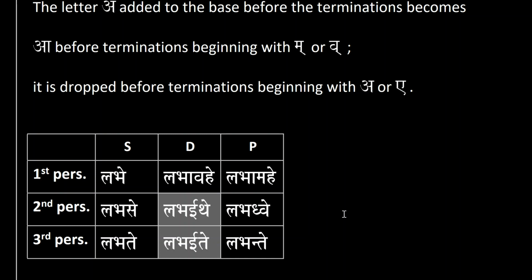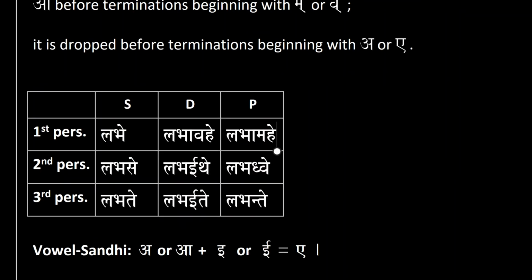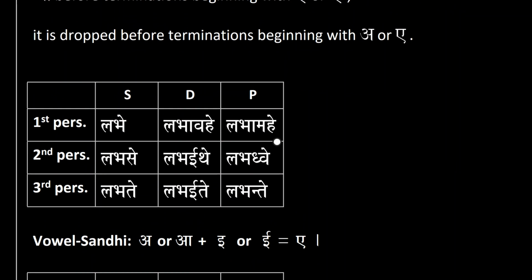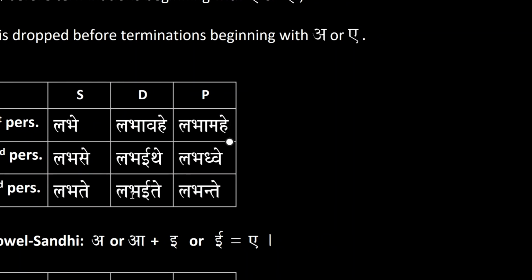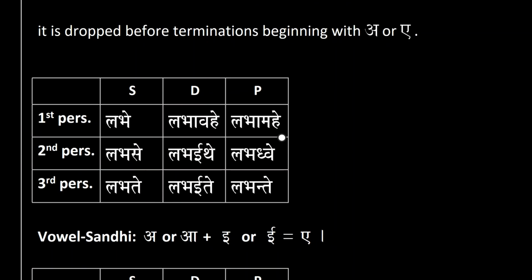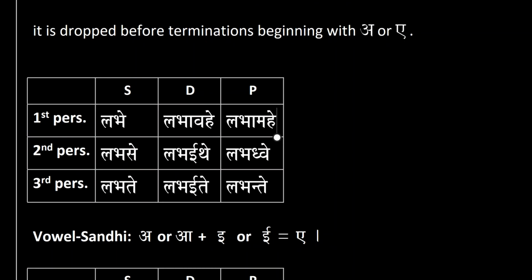An a and an i are together. The first thing you should be thinking about is something is wrong here. We're forgetting a vowel sandhi. Remember, an a plus i or e is going to give us an e. So this should not be labhaite and labhaite for second person dual and third person dual.